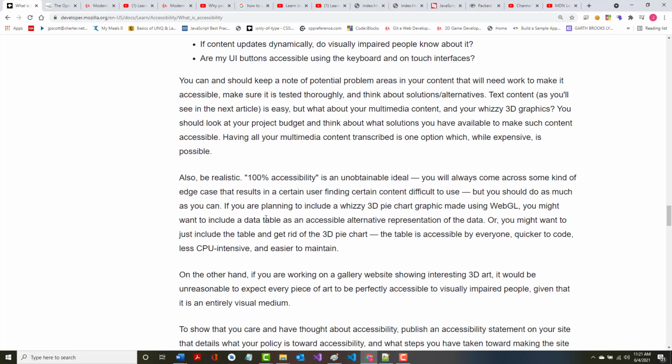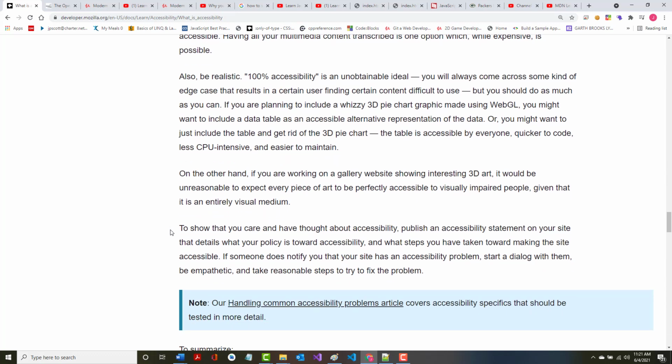And you could probably come up with your own list and a lot more. So it says there you can and should keep a note of potential problem areas that you'll need to work through. Be realistic, it says. 100% accessibility might be an unattainable goal, but you should always shoot for it anyway.